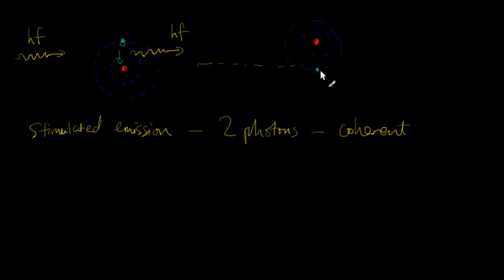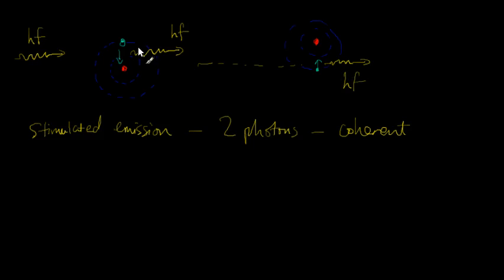So then this would fall and give out another photon in the same direction as before. Right, this electron falls to the lower orbit, loses energy and gives out a photon. So each time a photon hits another excited atom along the way, it will stimulate that atom to emit a photon in the same direction.